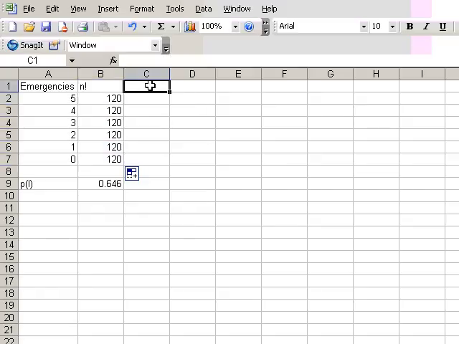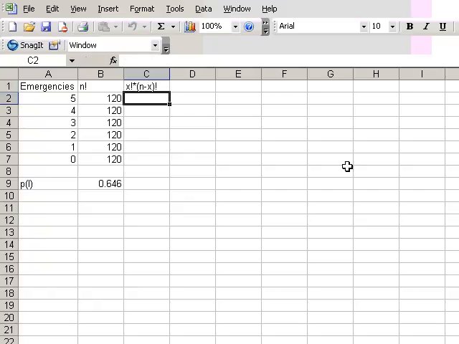Now the denominator will change for each of these, and the denominator is given in formula 5.7 as x factorial times the value n minus x factorial. So that will be x factorial times n minus x factorial as a label.